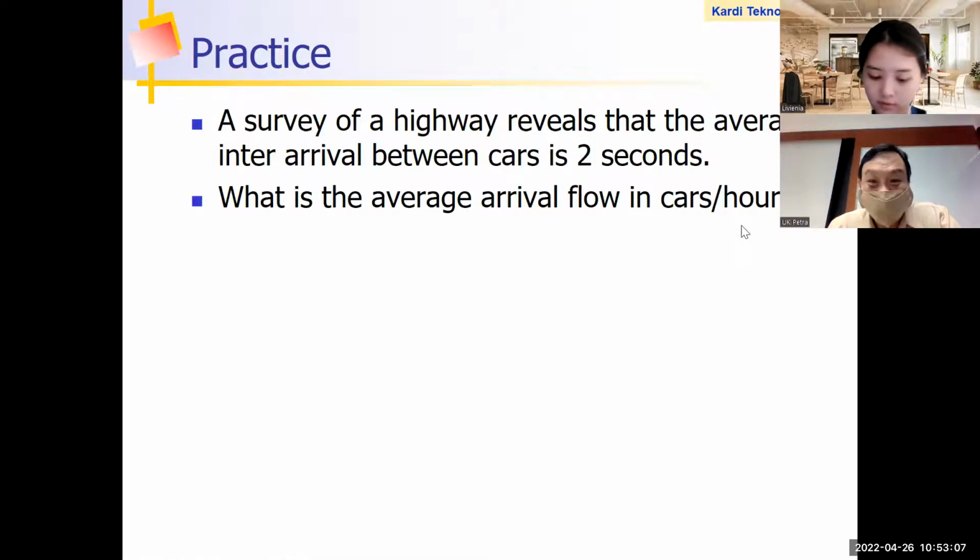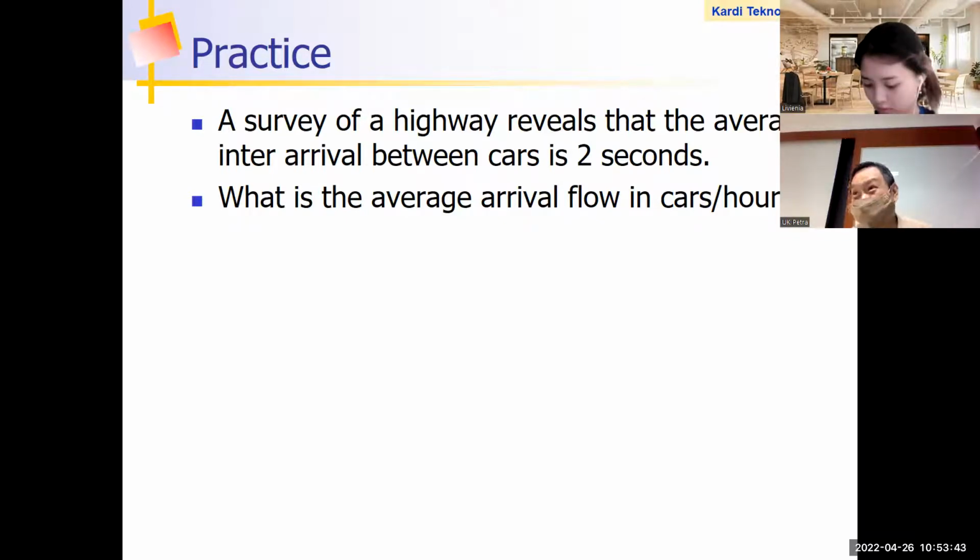How about this? A survey on the highway revealed that the average inter-arrival between cars is 2 seconds. If 2 seconds, what is the flow rate in cars per hour? Usually in traffic engineering, this is called saturation flow. The number is usually around this number.